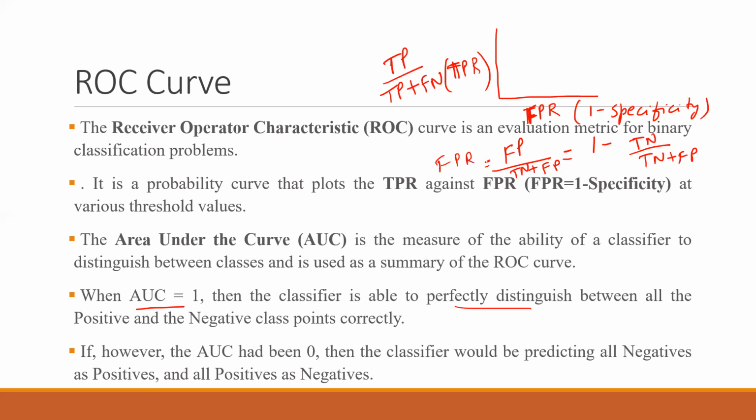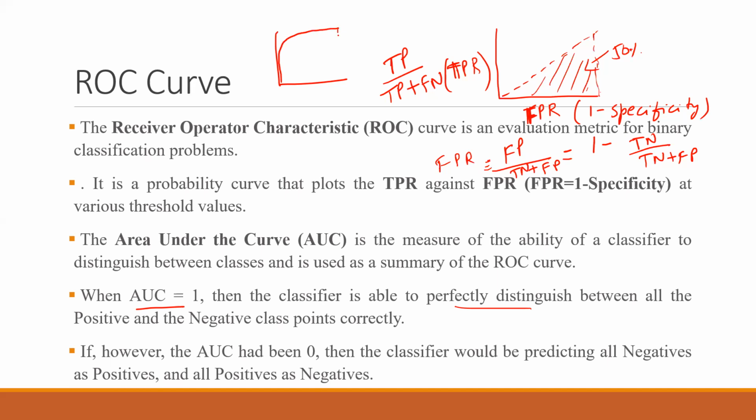So when you are plotting the curve, generally it looks something like this. Let's say that this is 0.5. The area under the curve will be 0.5 in this case, because if you highlight this, this is 50%, right?